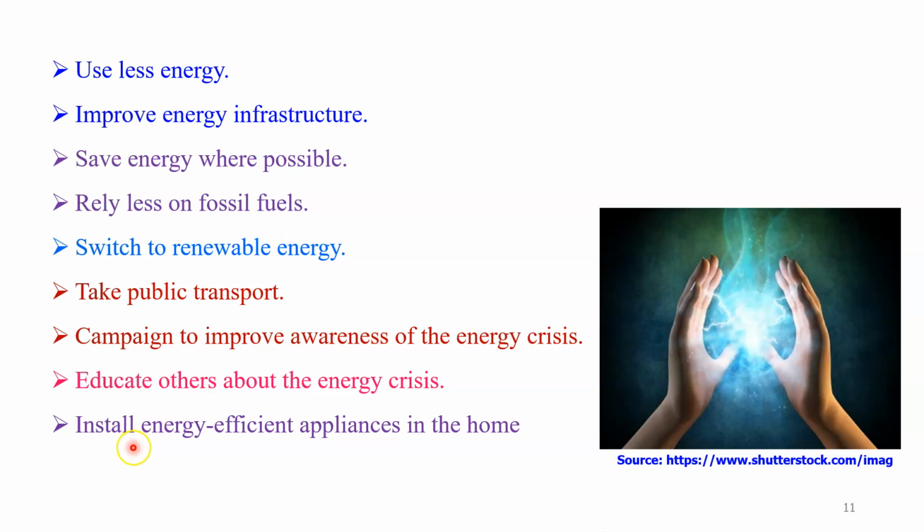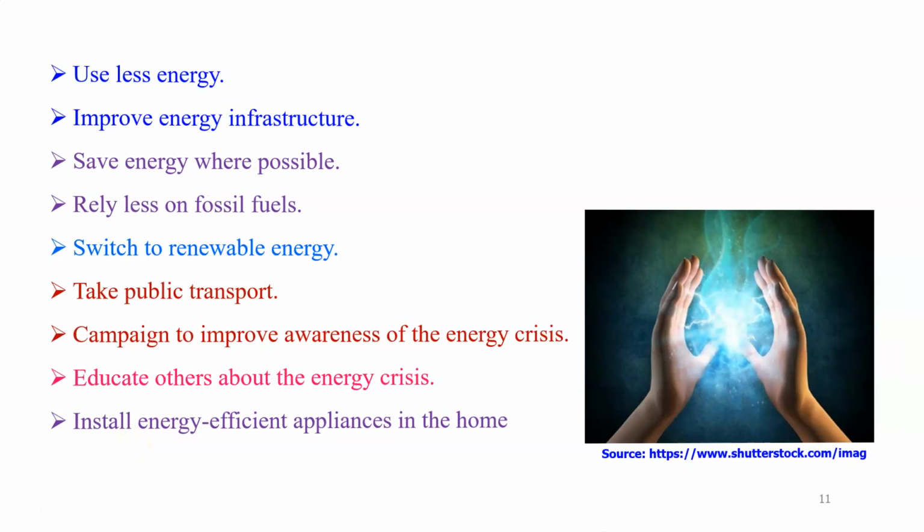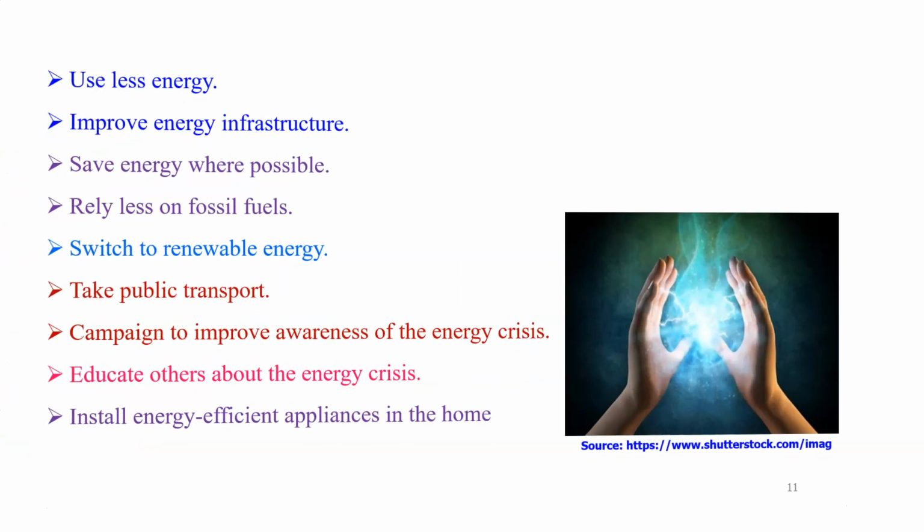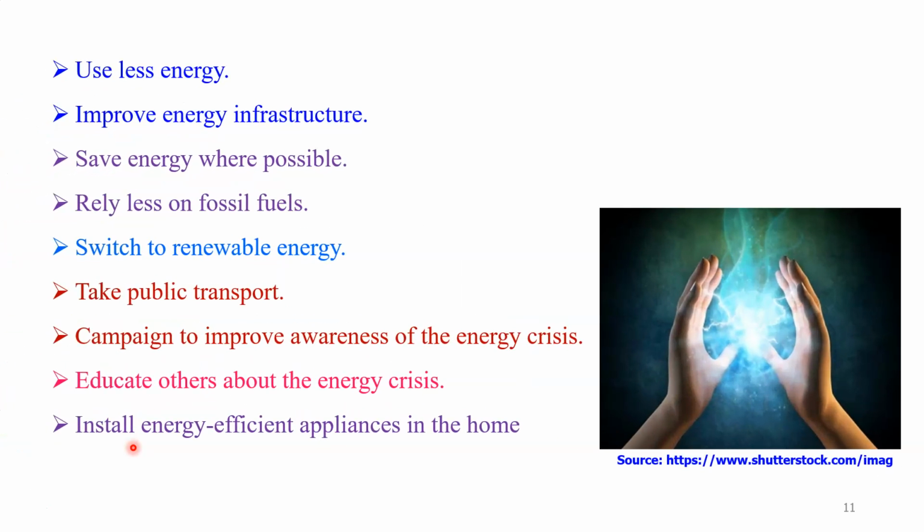Then we have to install energy efficient appliances at home. That is also important. Especially, we are using a lot of things in our regular life. It may be a fan, fridge, AC, mixer, grinder, and a lot of other things. But whenever we use these things, we are not maintaining them properly.